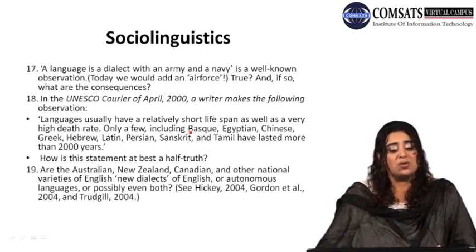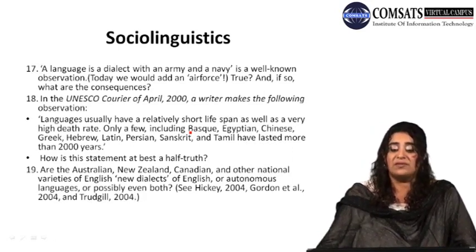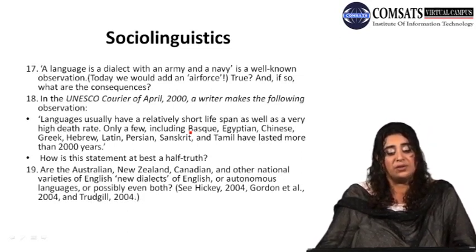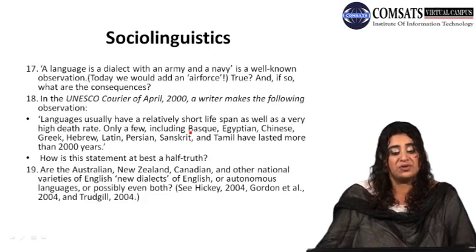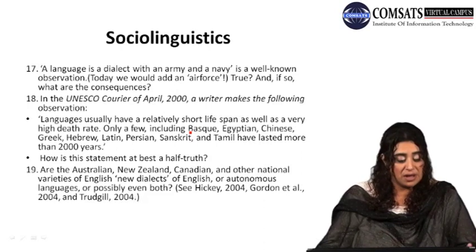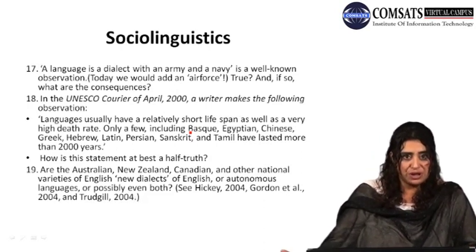In the UNESCO Courier of April 2000, a writer makes the following observation: languages usually have a relatively short lifespan as well as a very high death rate. Only a few, including Basque, Egyptian, Chinese, Greek, Hebrew, Latin, Persian, Sanskrit or Tamil, have lasted more than 2,000 years.